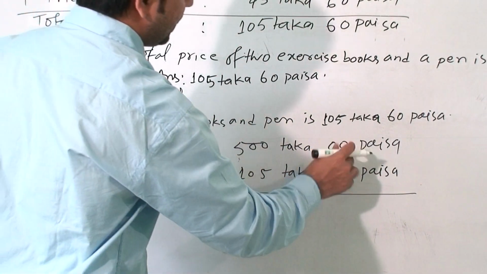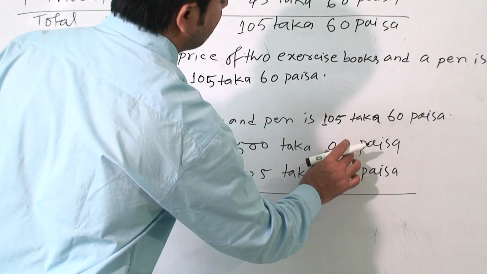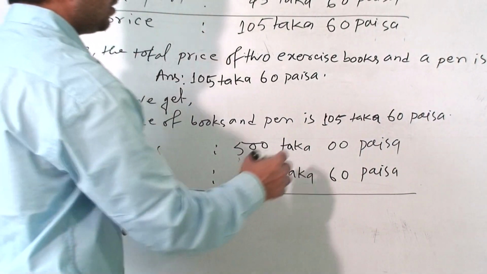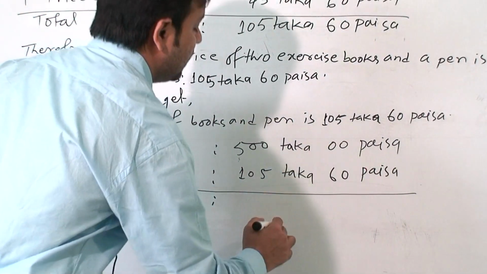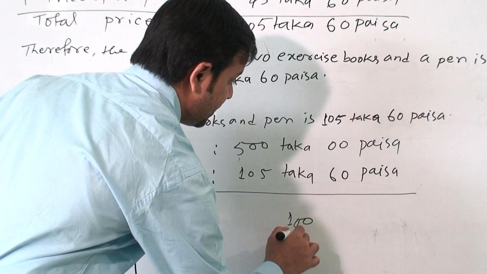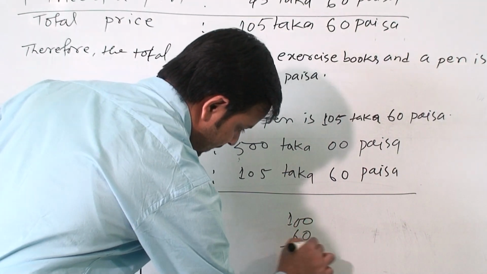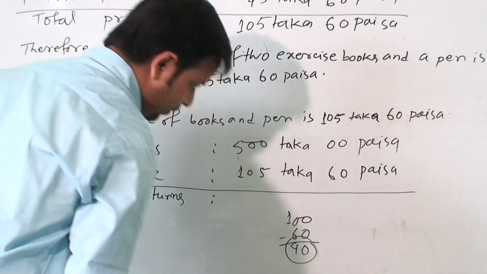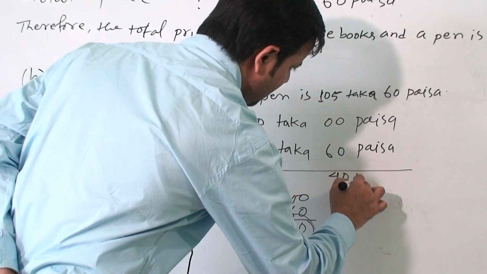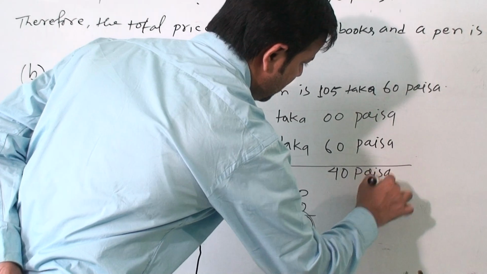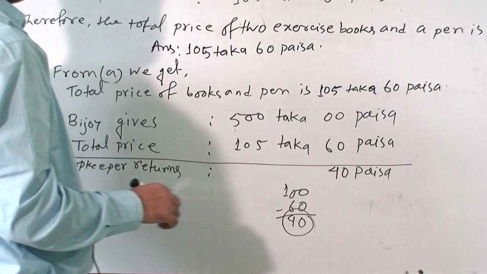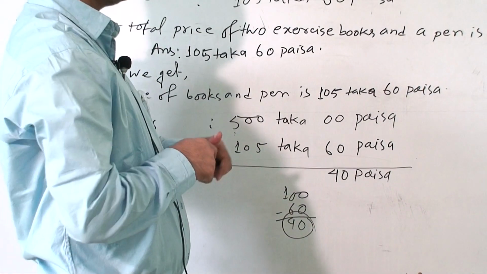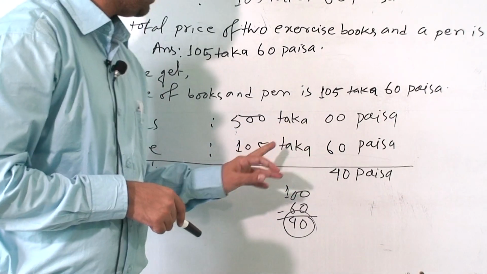Now we have to subtract 60 paisa from 00 paisa. As there is no paisa given, we have to consider here 1 taka. 1 taka means 100 paisa, and we have to subtract 60 paisa. If we subtract, we will get here 40 paisa. Okay, now as I have taken 1 taka as loan here, we have to give that one here.